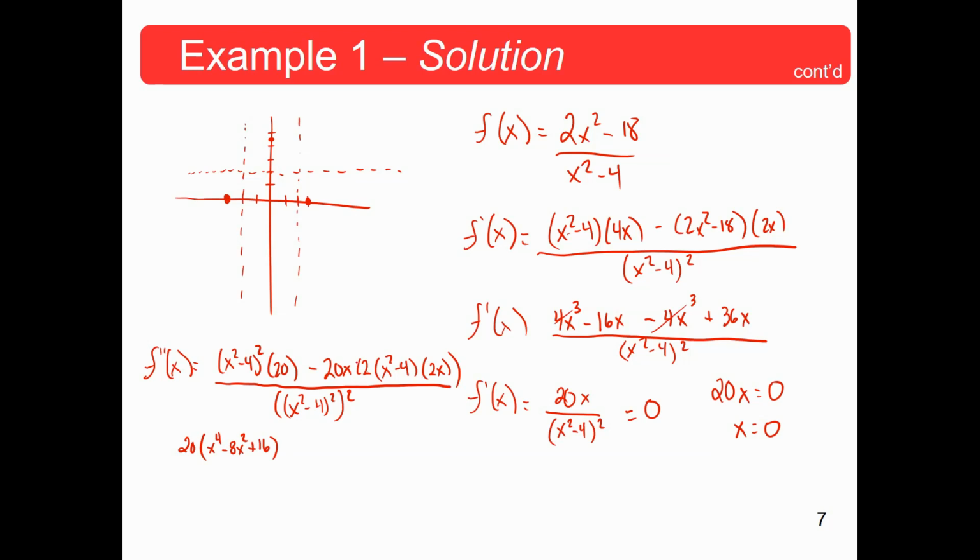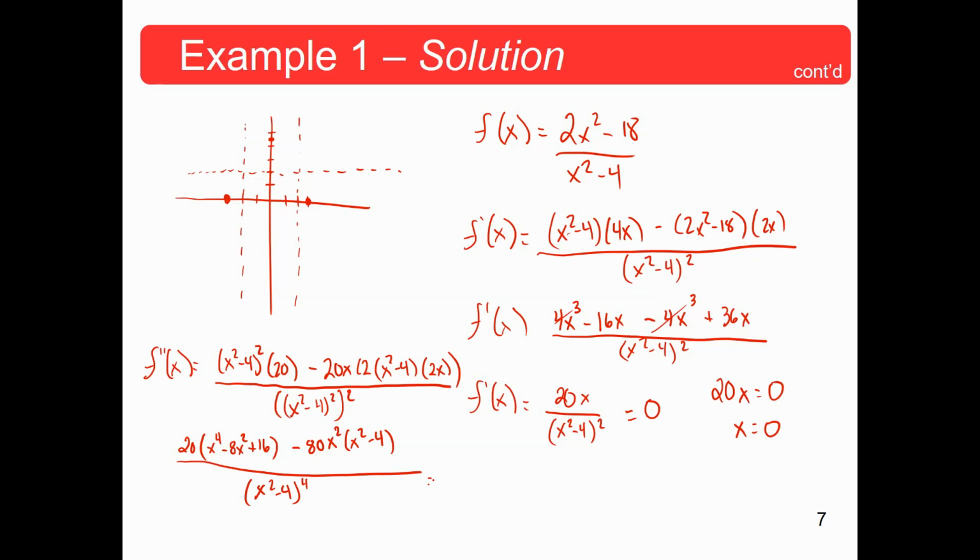So 4 times 20 is negative 80x times x squared minus 4. 20 times 2 is 40, times 2 is 80, x times x is x squared, okay? Over x squared minus 4 squared, squared is just to the fourth.